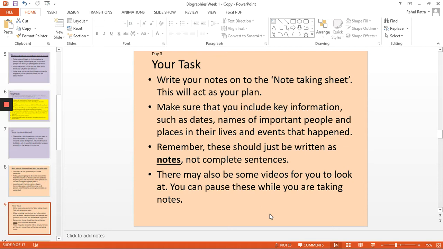Make sure that you select key information, for example, their names, their correct names, spell them correctly, please. Also, where are they from, about their early life, about what they did, and their major achievements. So please remember to write in bullet points. You do not have to write paragraphs there. So you're just copying the key information from those sheets onto your note-taking sheet in bullet points.